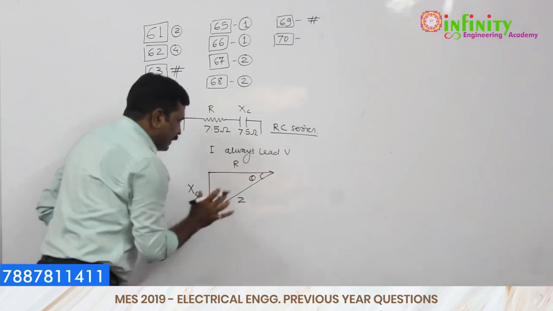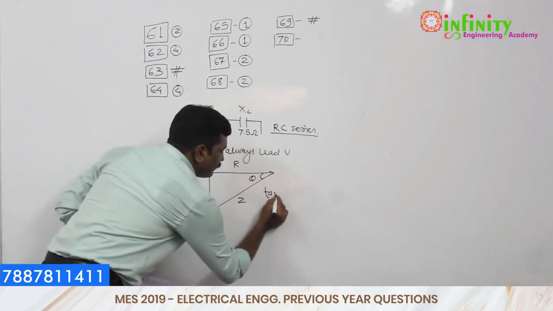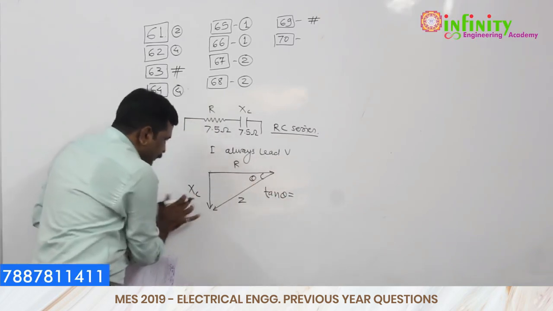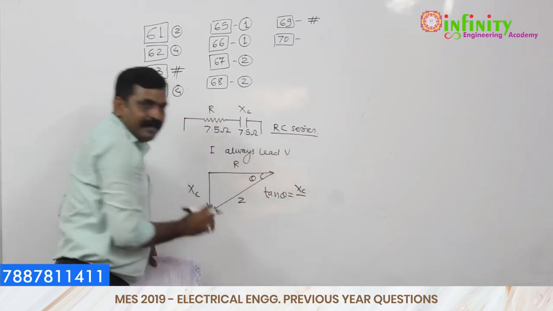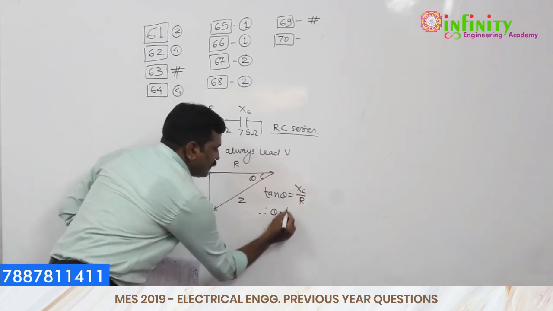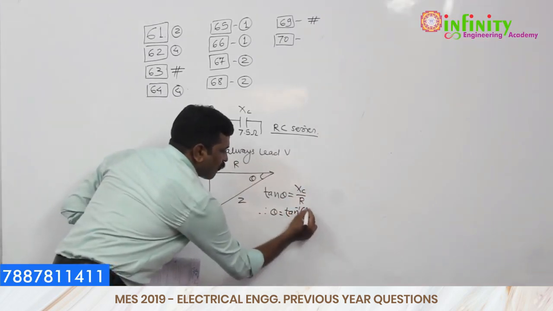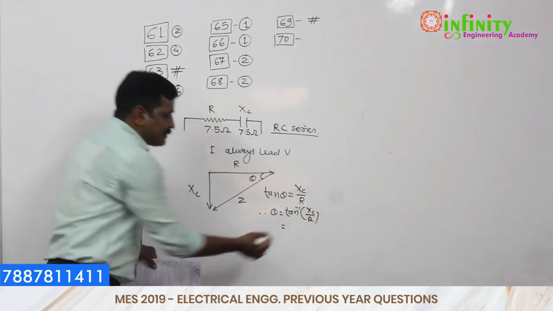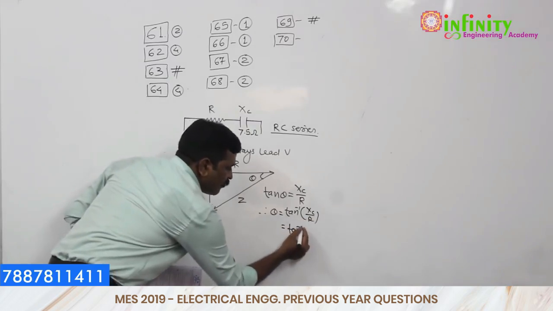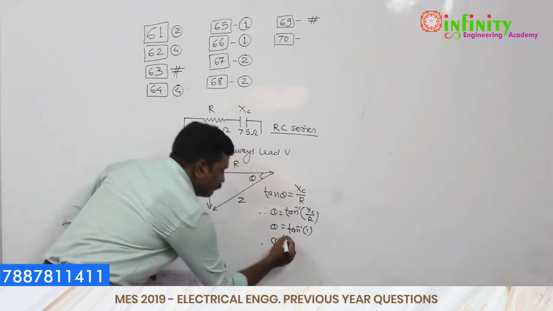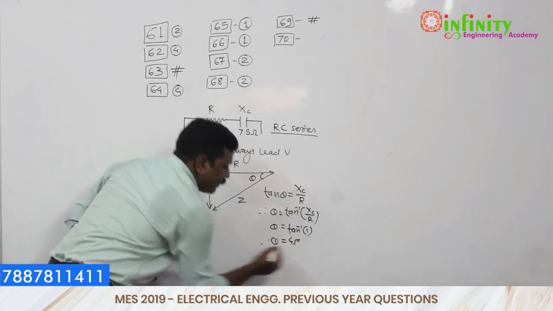In this particular case, tan theta relates with the opposite side, that is XC, divided by the resistance. Therefore, theta is nothing but tan inverse of XC by R, where the values are 7.5 and 7.5. So tan inverse of 1 is theta, therefore theta is nothing but 45 degree.